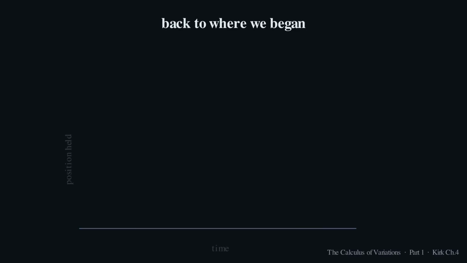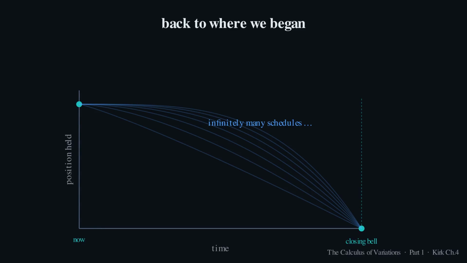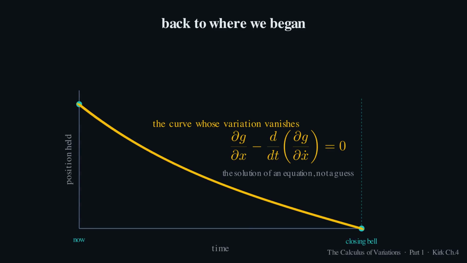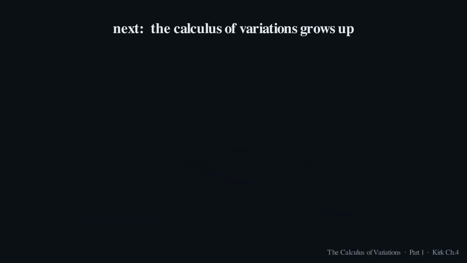Free an endpoint and a natural boundary condition appears. Free the final time and a stopping rule appears. Free both and transversality tells you to meet the target at a right angle. And every one of these had a trading twin, the optimal execution schedule, when to stop unwinding, the horizon itself.